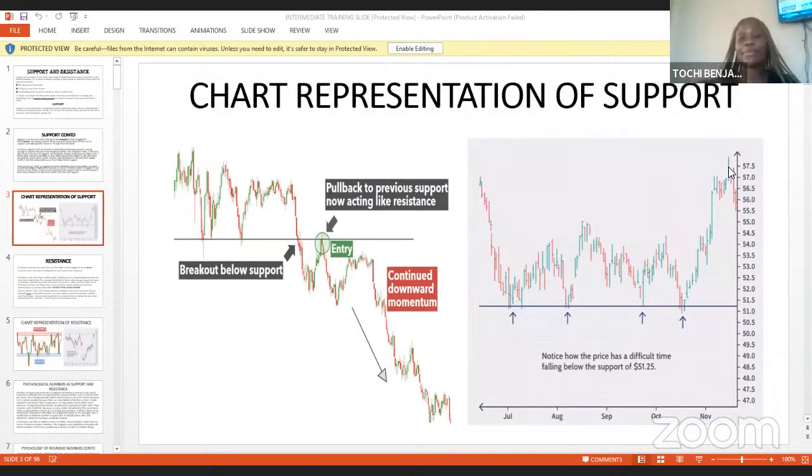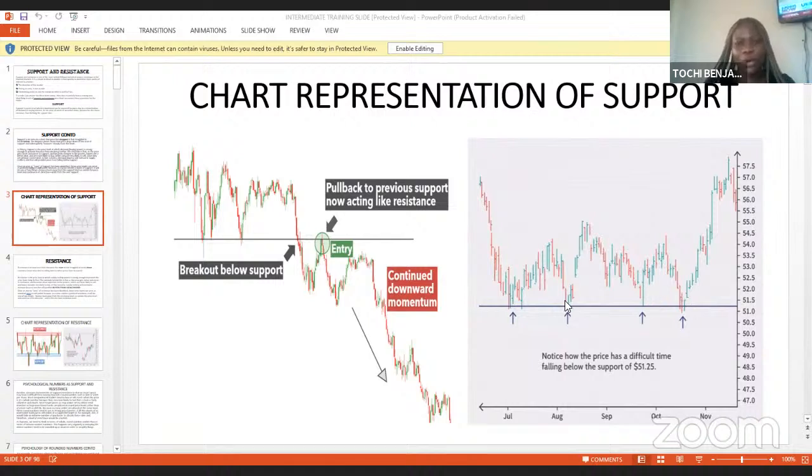So price comes back to that cheaper price, buyers will have interest to buy at a low price. And sellers, on the other hand, would not want to sell at that price because it will be too cheap for them to sell. So everybody would rather want to buy at a support region where price is seen as cheaper.